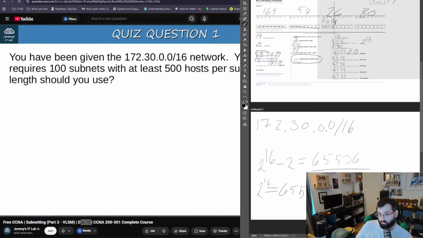What prefix length should you use? Okay.